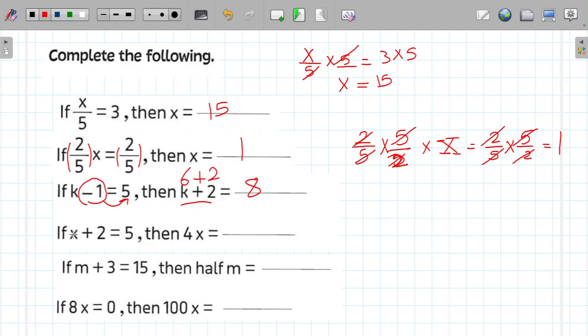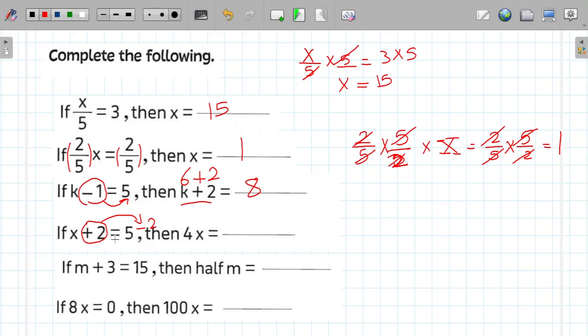Next, x plus 2 equals 5. So 4x equals what? So I want to find the value of x first. So I will send plus 2 to the other side with the inverse operation. Plus 2 will be minus 2. 5 minus 2 equals 3.